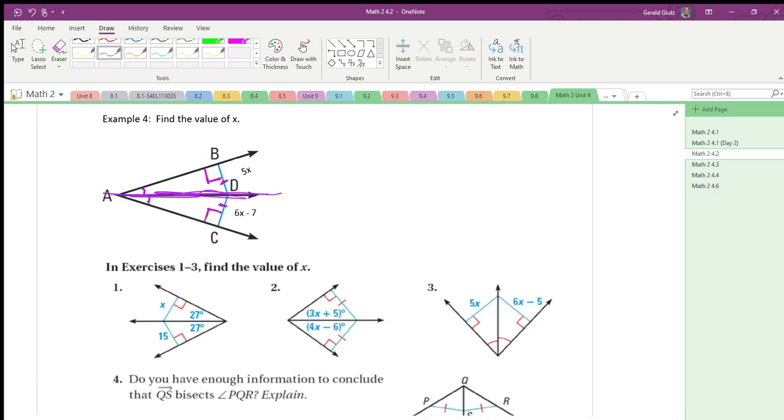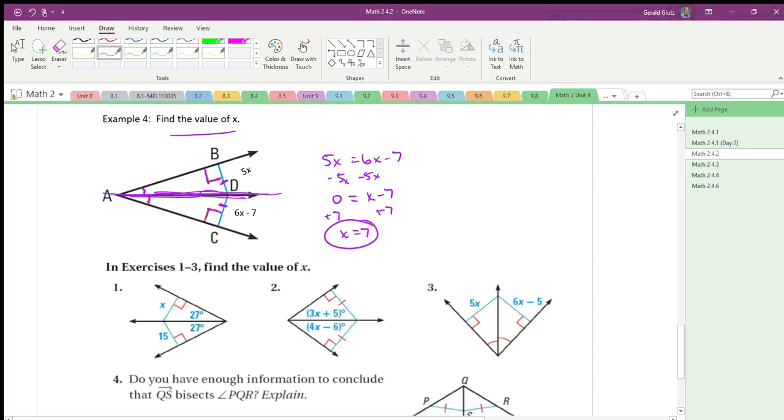So 5x has to be equal to 6x minus 7. If I subtract 5x on both sides, I get 0 equals x minus 7, add 7. So x equals 7. This one asks us to find the value of x, so now we're done.